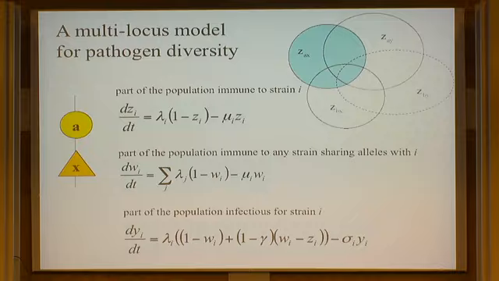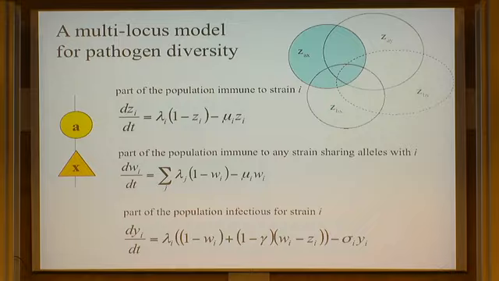So we developed a different scheme in which we allowed the compartments to overlap, and here the compartments Z represent the proportions of the population that are immune to a particular strain, let's say AX, so ZAX is the proportion that's immune to AX.